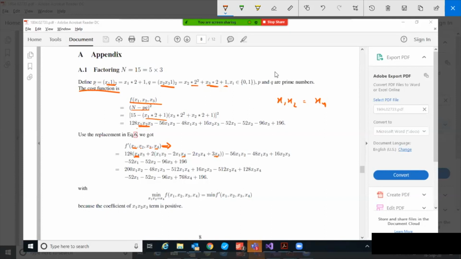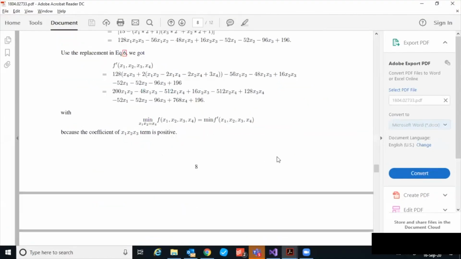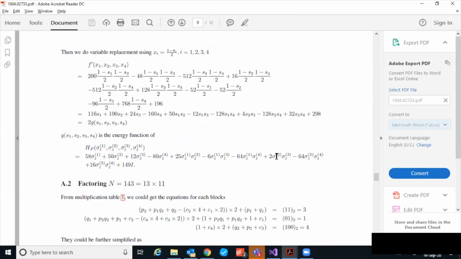What we want to do next is turn it into an Ising model. For each variable x1, x2, x3, and x4, we will use this formula.